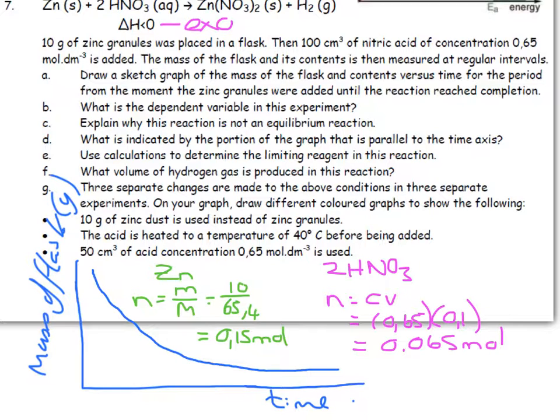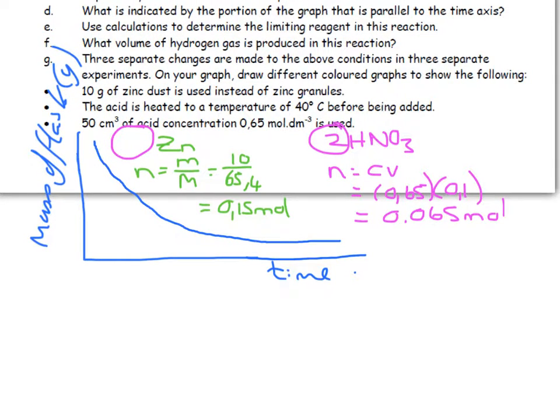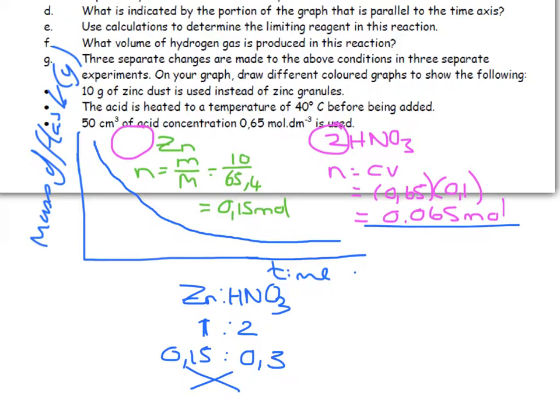Now I need to relate these two to one another. I didn't, by the way, use this 2 yet. I'm only going to use it in a mole ratio, and there's an invisible 1 over there. So, what shall we do? We're going to say zinc is to nitric acid as 1 is to 2. Therefore, 0,15, I'm going to require 0,3. I do not have 0,3, so that will not work.